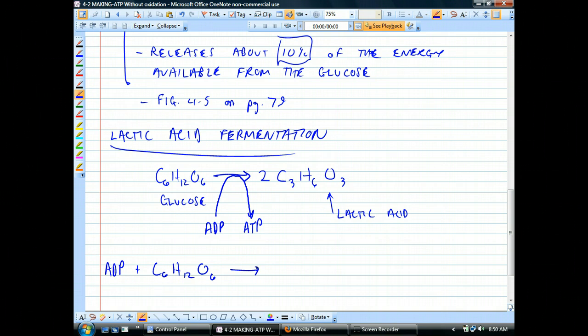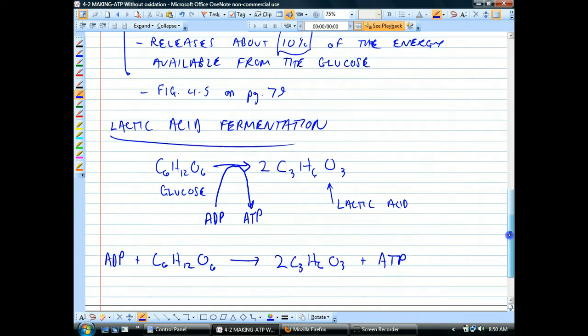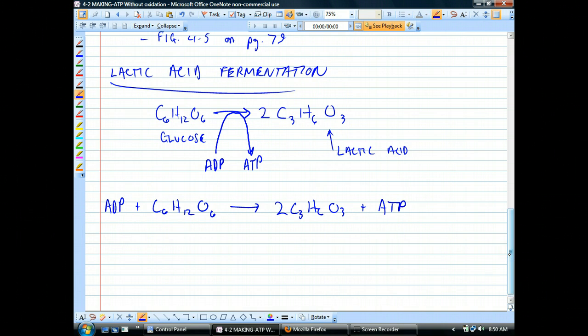I don't know how many ATP molecules it produces. What it's doing basically is getting the energy used to make the ATP. Because remember, to go from ADP to ATP requires energy. That energy is coming from the changes in bonds from this molecule when it gets broken down.